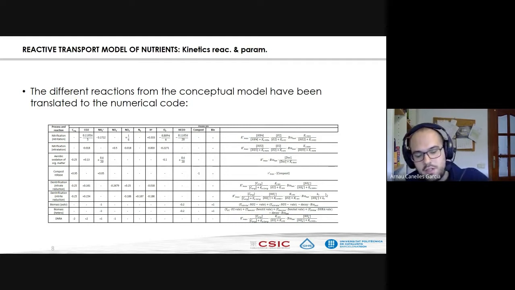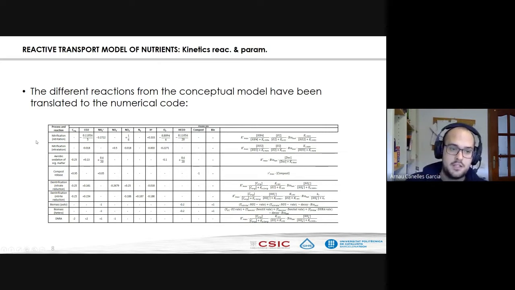In this table, we will not comment in detail on all the processes that are happening, but what I want to say is that for each and every one of these processes, we took into account Monod kinetics, and we considered for each of these main nutrients that each process depended on the concentrations that we had and the bacterial population present.